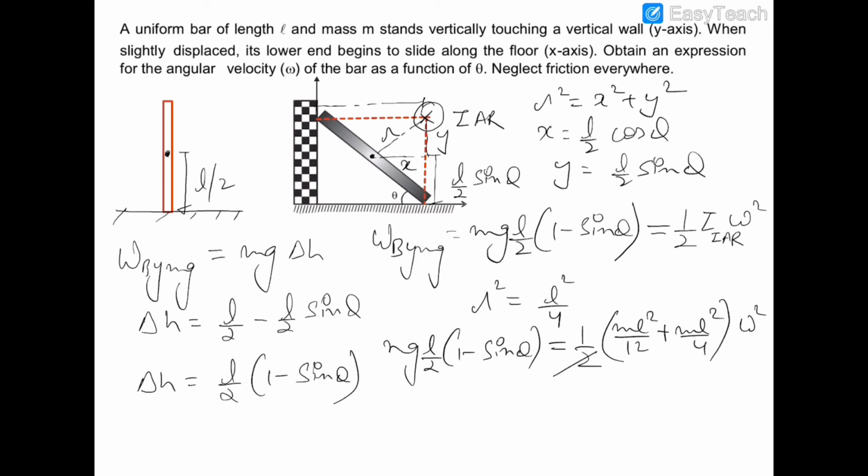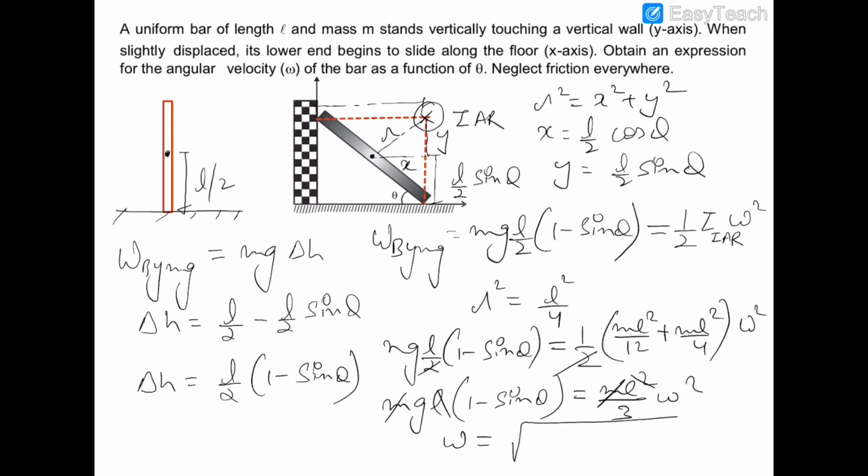Cancelling this 2 with 2, we get mgL into 1 minus sin theta is equal to ml square by 3 omega square. Cancelling m with m, L with L, omega will be equal to the square root of 3g into 1 minus sin theta by L. So this is the angular velocity of this rod as a function of theta.